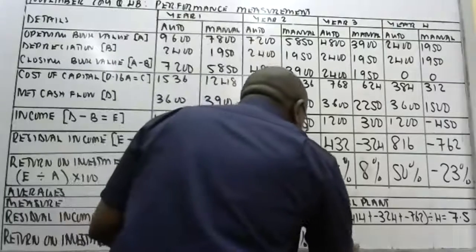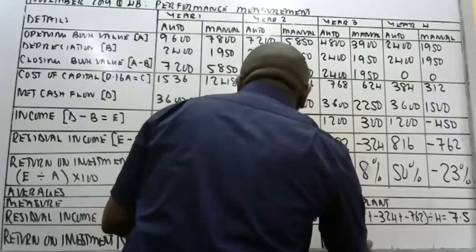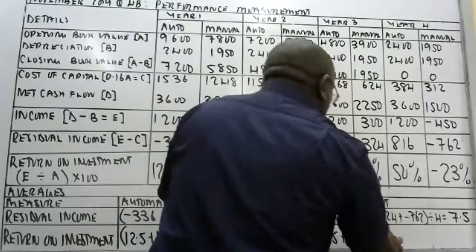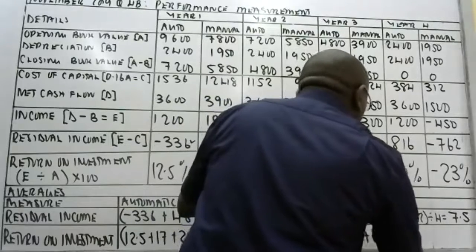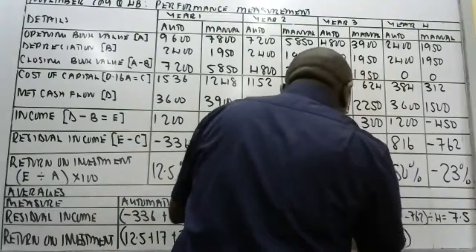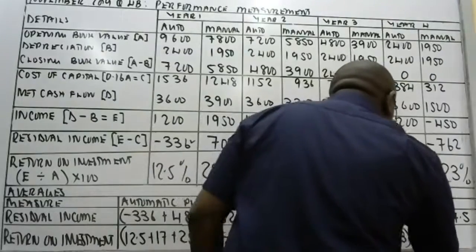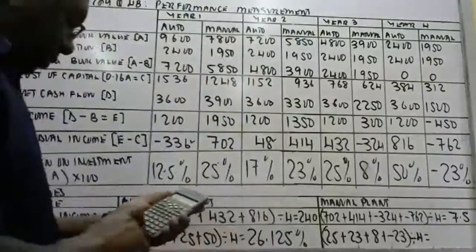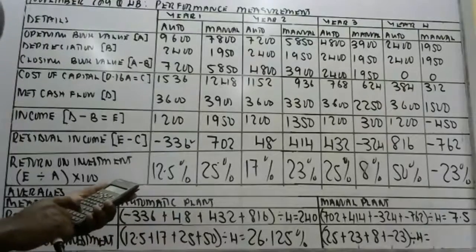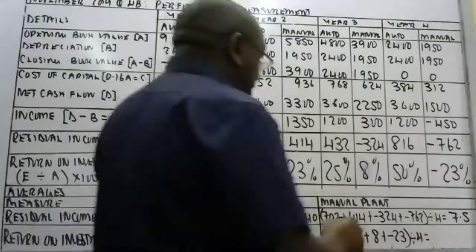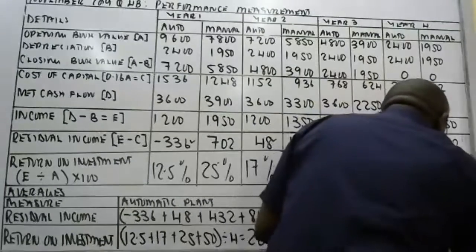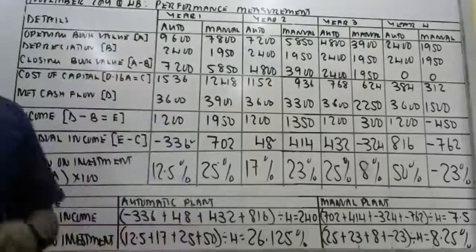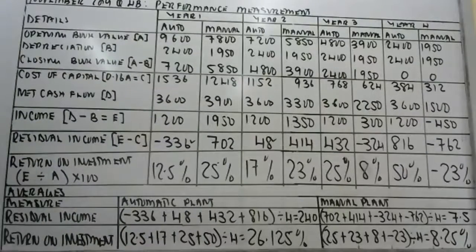Then this other one has 25 plus 23 plus 8 plus minus 23. You divide by 4. That gives 8.25%.